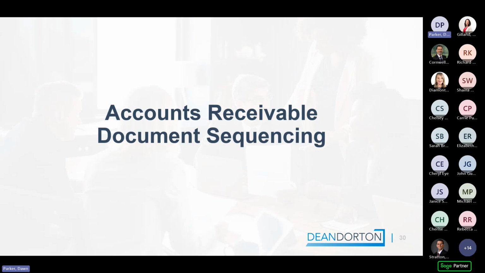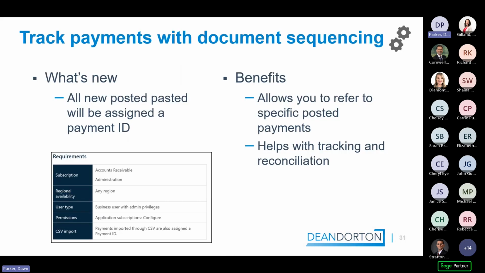Under accounts receivable, document sequencing, what's new is that you can track payments with document sequencing. So for example, if you have a posted payment that was applied to multiple invoices and adjustments, you can run a custom report based on the payment ID to see which transactions the payment was applied to.